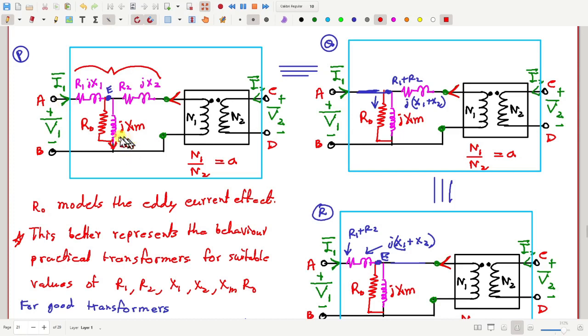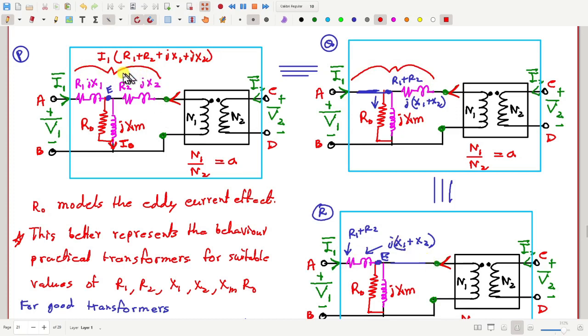How much is the value of I0? I0 should be ideally small, because R0 and Xm are large. So if I0 is small, then the voltage drop in this part I can write approximately as I1 multiplied by (R1 plus R2) plus j(X1 plus X2). That's the voltage drop here. In this circuit also, it's the same. Approximately they are the same. Here also it's the same.